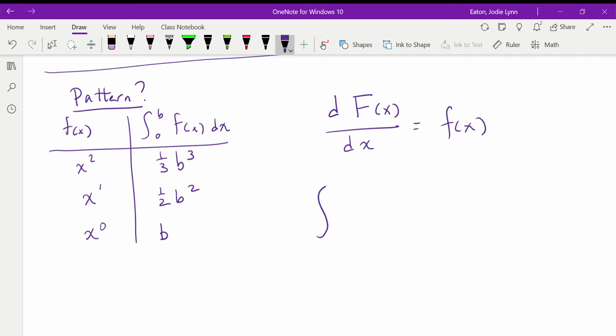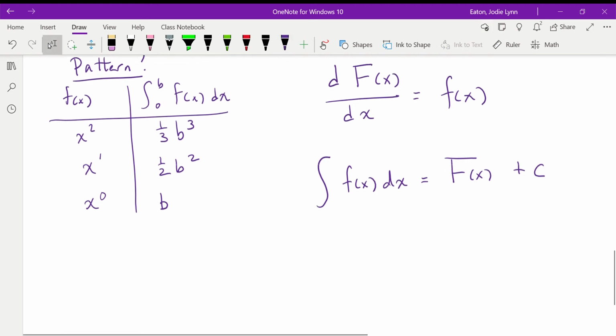So we can define an indefinite integral of f of x dx equals big F of x plus c. This is called the antiderivative, which is the opposite of the derivative.